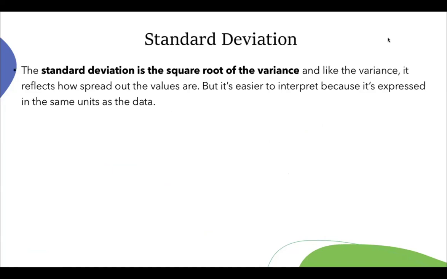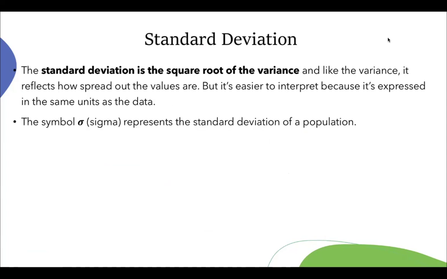So let's look at the standard deviation. It's the square root of the variance. Like the variance, it reflects how spread out the values are, but it's easier to interpret because it's in the same units as the data itself. So instead of sigma squared for the population variance, we use sigma for the standard deviation of the population.